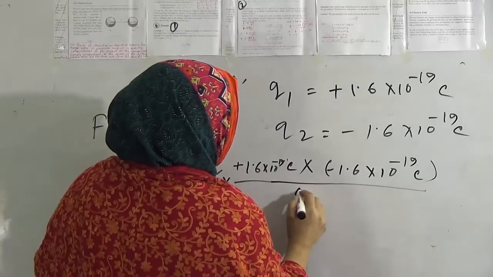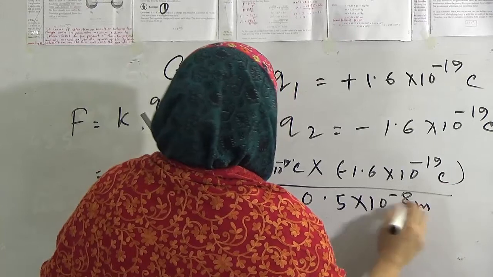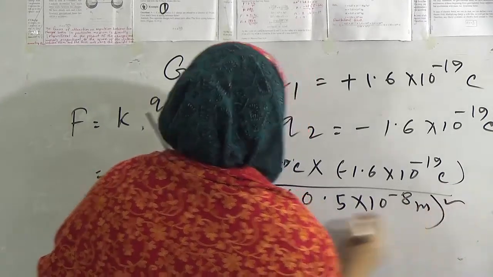R is given as 0.5 into 10 to the power minus 8 meter, whole square.